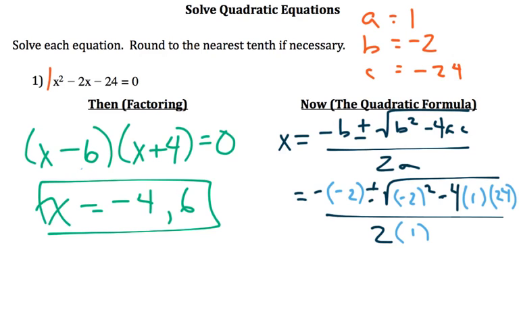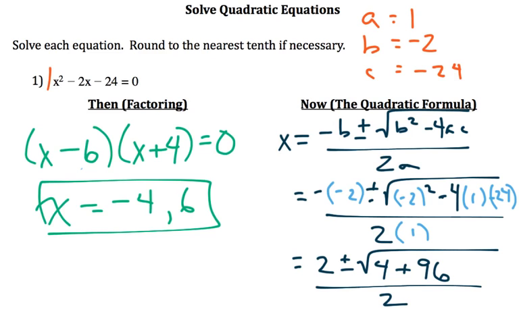I'll bring an equal sign down. Negative negative 2 becomes positive. Plus or minus stays there. The square root of 4, and since this 24 is negative, I'm going to end up getting a positive 4 times 24, which is 96. And then 2 times 1 is just 2.